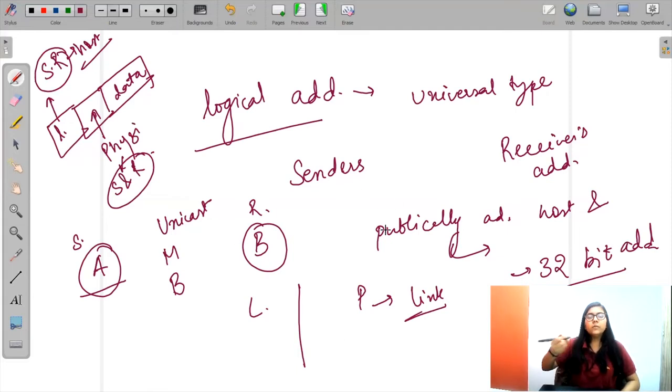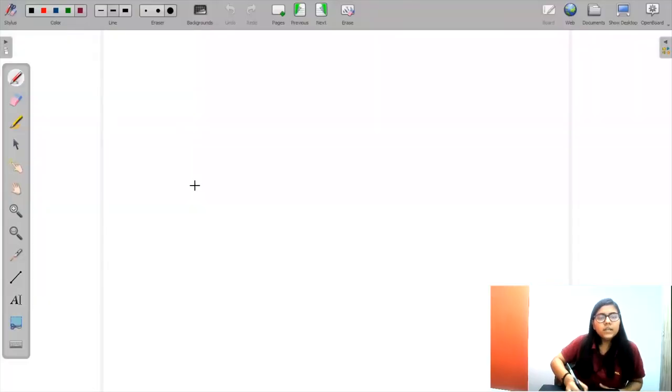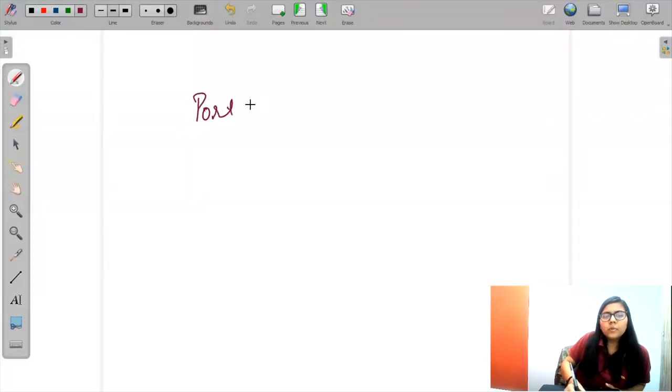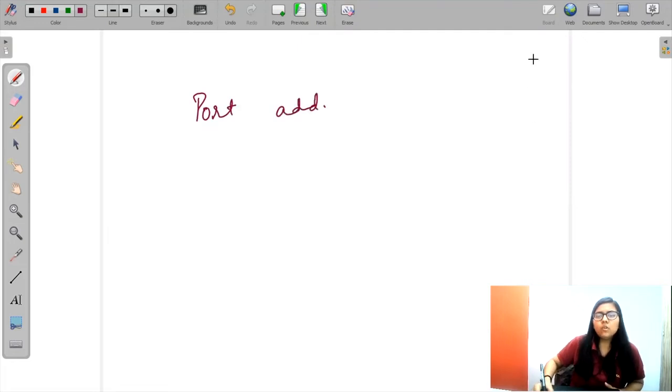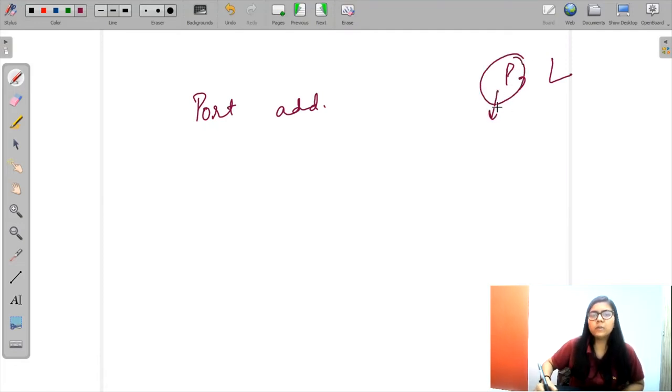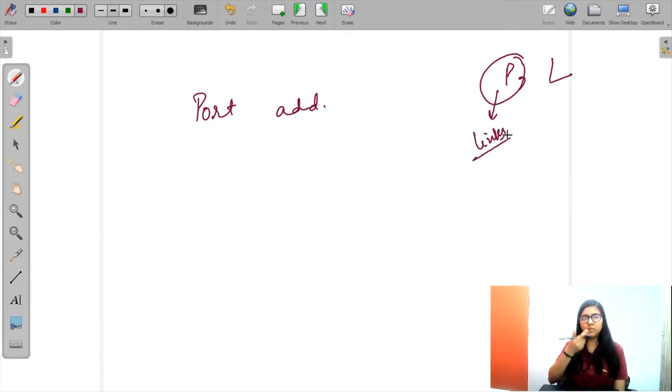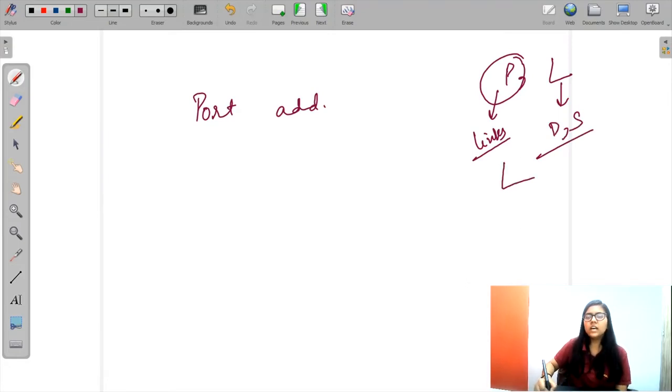Next we have port addressing. We just saw that with physical addressing we are adding the addresses of the different links through which the data will pass, and with logical addressing we are adding the destination and source addresses. Now these two things are important.